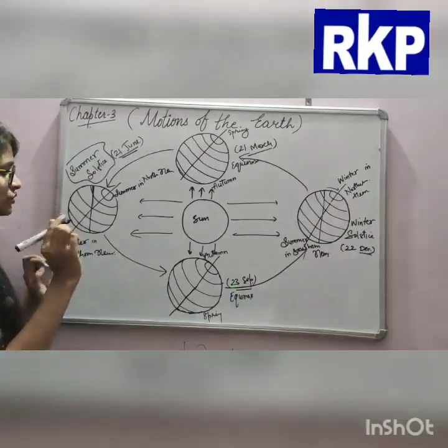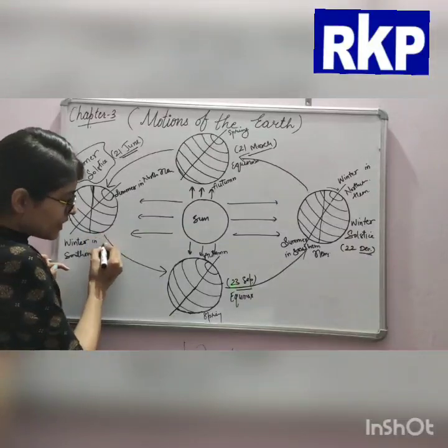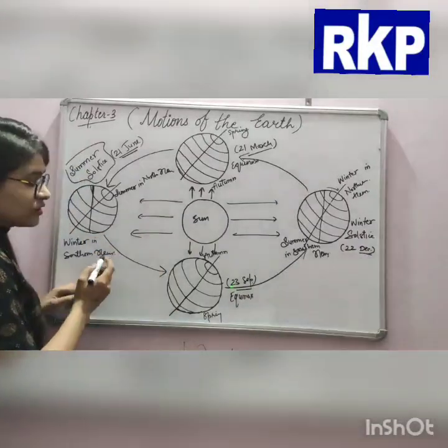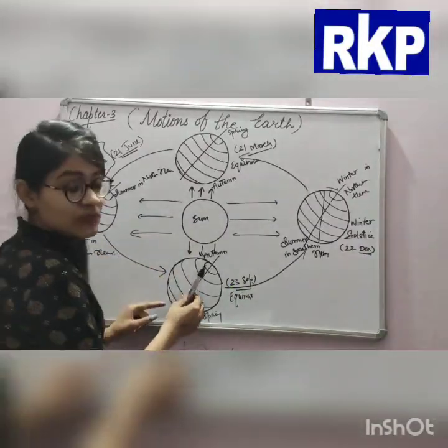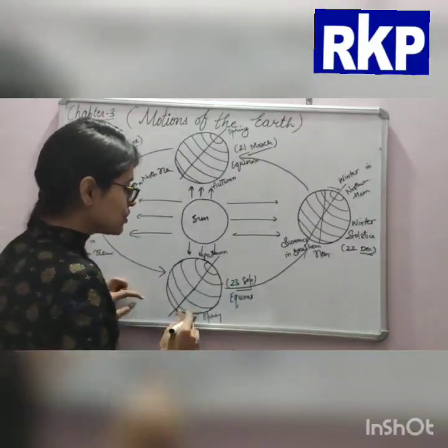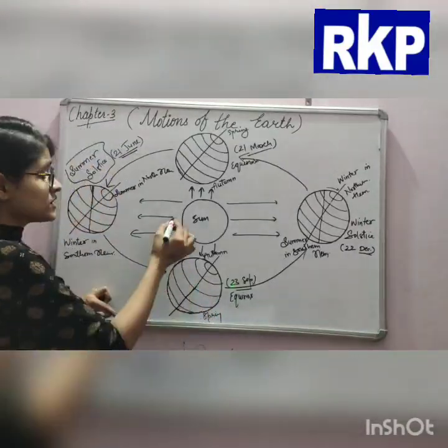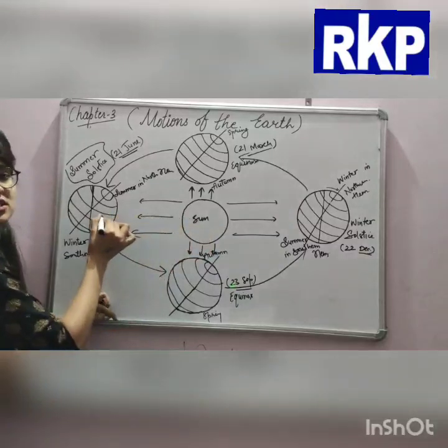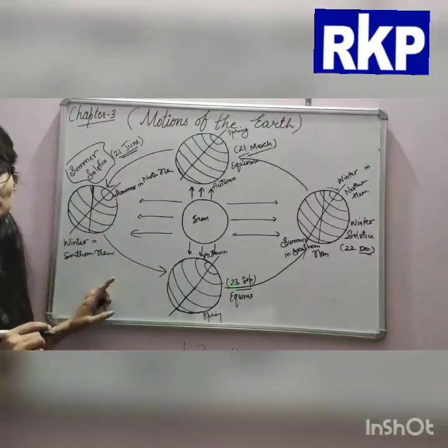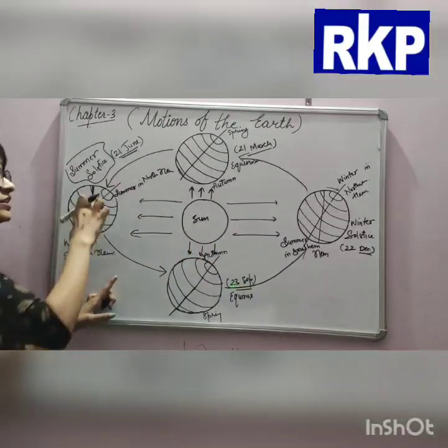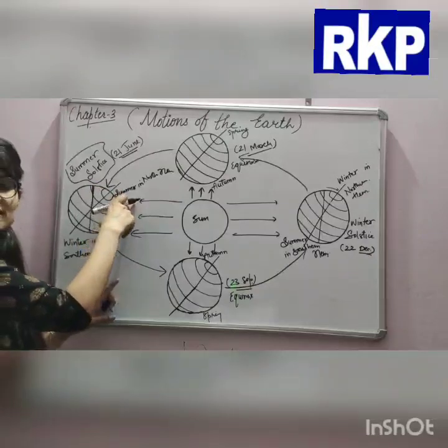Clear? So when we come to the next position, the earth rotates on its axis and comes here. This is the time, on 21st June, when the northern hemisphere is tilted towards the sun.